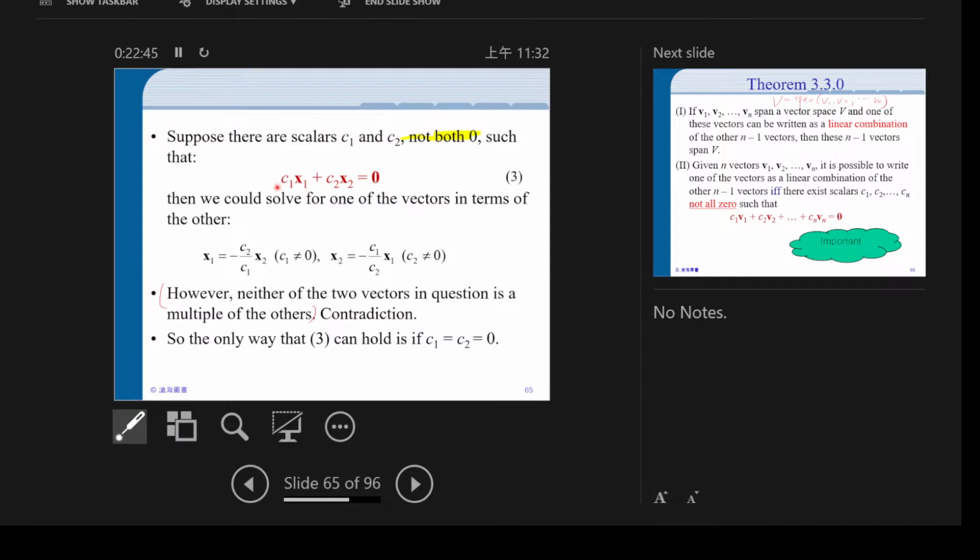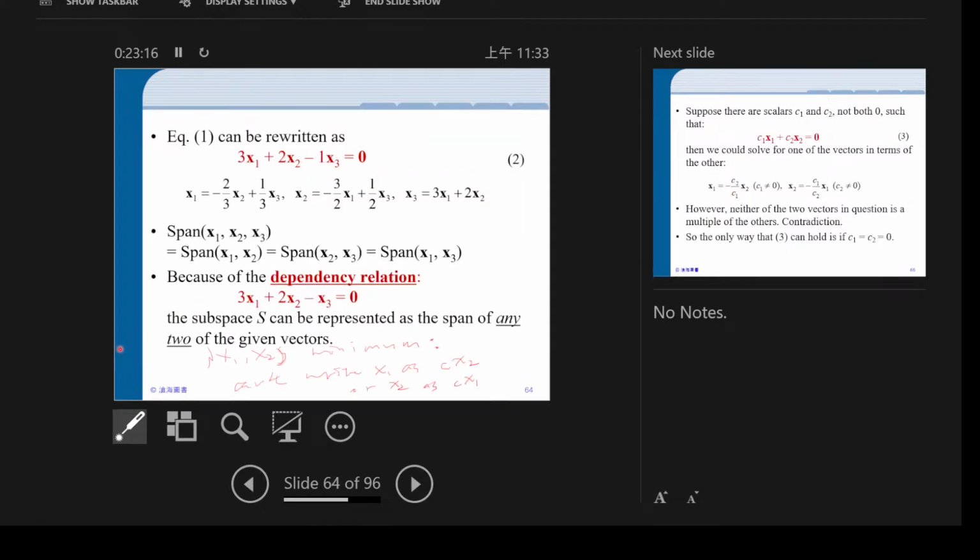If c1, c2 are not both 0, then we can write either x1 equal to something times x2 if c1 is non-zero, or if c2 is not 0, we can write x2 as something times x1. But we know none of those happen, and none of this is true. So this only happens when c1 equals c2 equals 0.